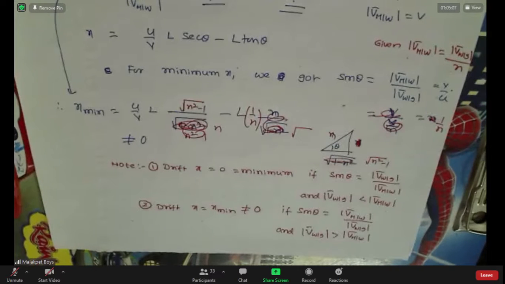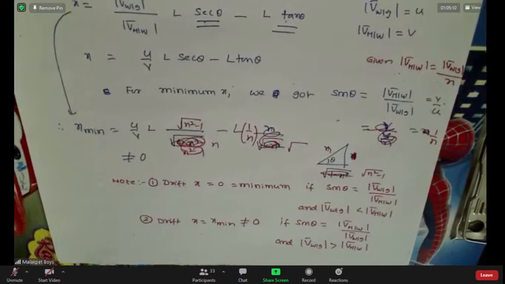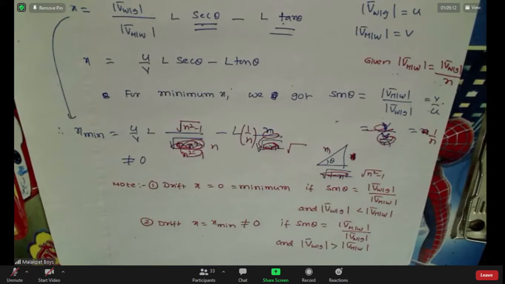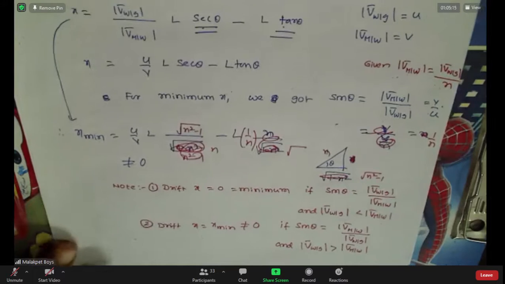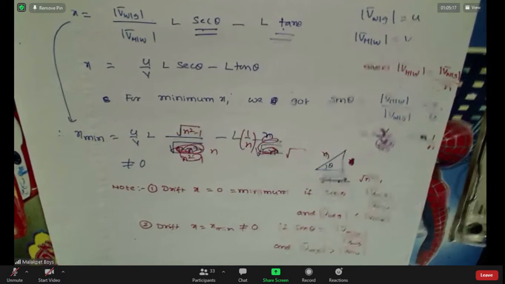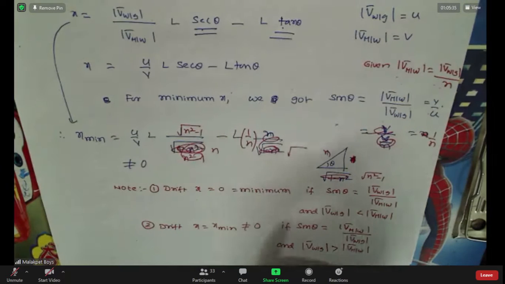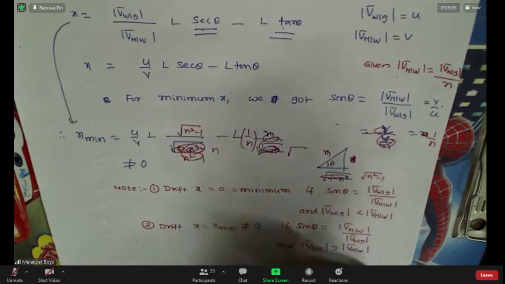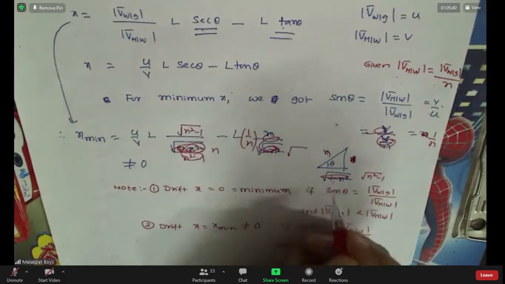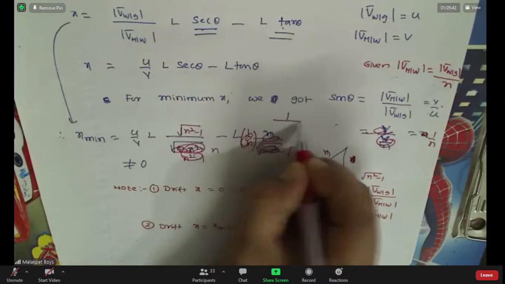Understood this? Clear? No doubt it is difficult, yes. But what to do? Advanced fellows will ask me. When the paper is difficult only, you'll get better rank, man. Because a Benz car cannot be owned by everybody, no? Tan theta is 1 by root over n square minus 1. Opposite by, 1 by root over n square minus 1. Correct or correct?